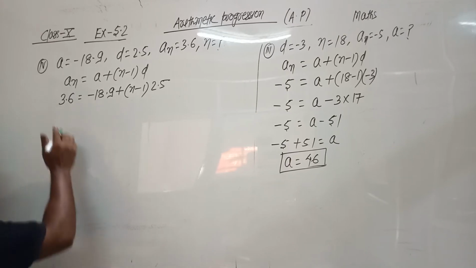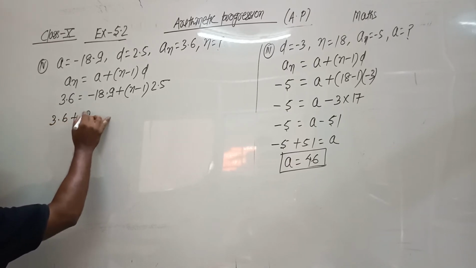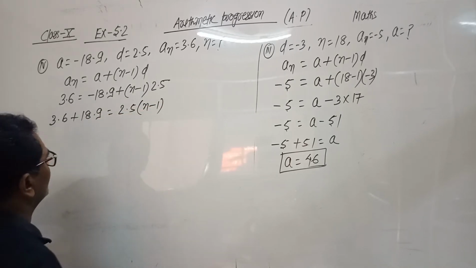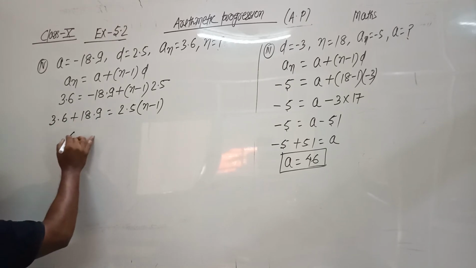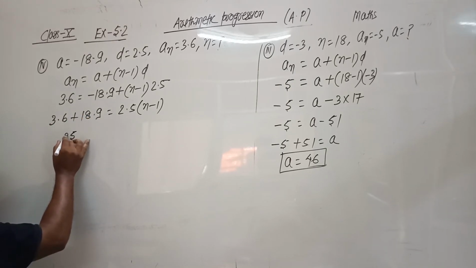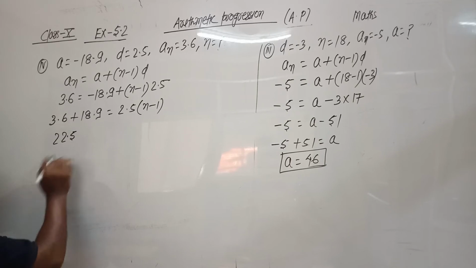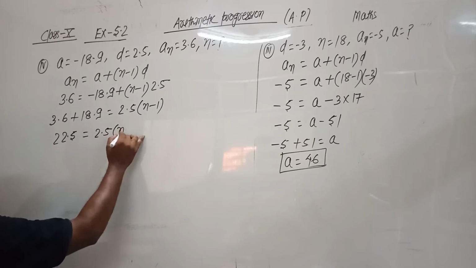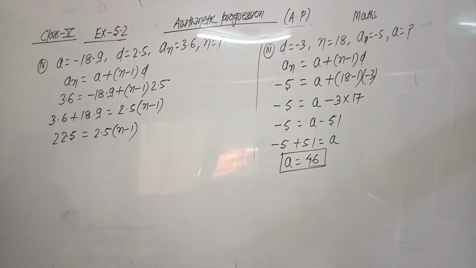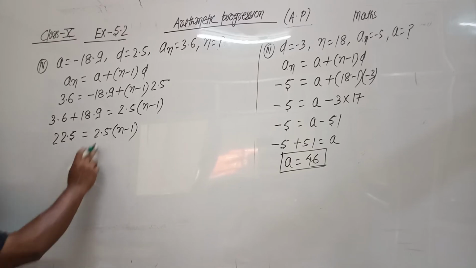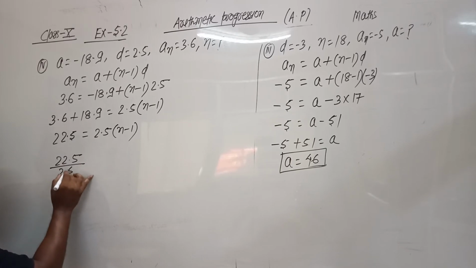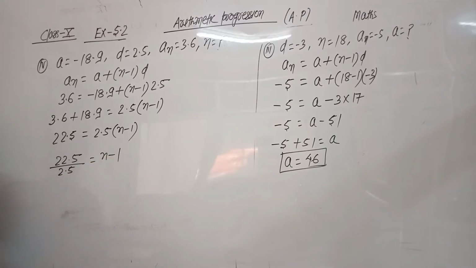So minus 18.9 will go on the left side. It becomes plus 18.9 equals 2.5 into (n minus 1). Add these two terms: 22.5 equals 2.5 into (n minus 1). So 2.5 will come at the denominator place: 22.5 upon 2.5 equals n minus 1.